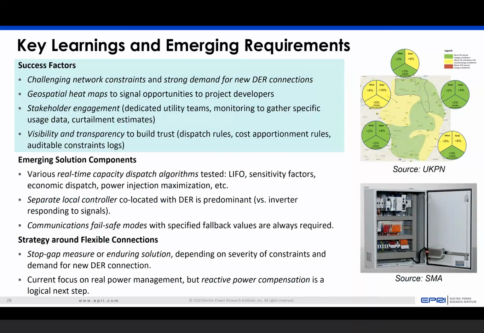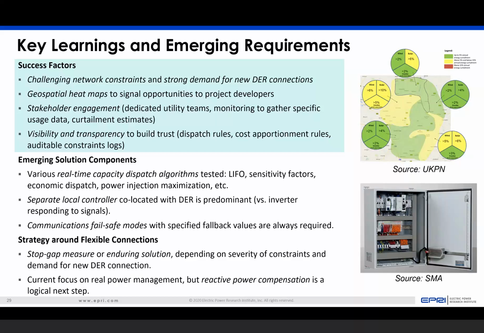One of the key success factors that make ideal situations for these arrangements is when you have a challenging network constraint combined with strong demand for new DER. If you don't have a challenging constraint, or one that can be easily addressed using conventional firm network reinforcement, then it often makes more sense to go with the firm interconnection solution.